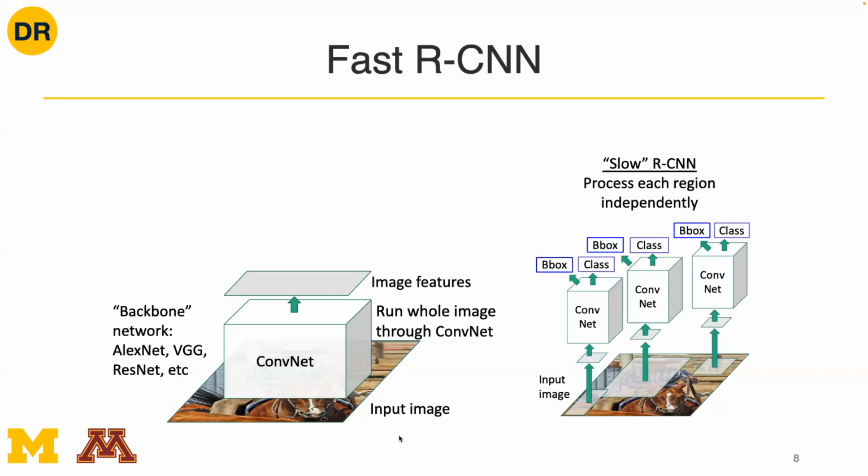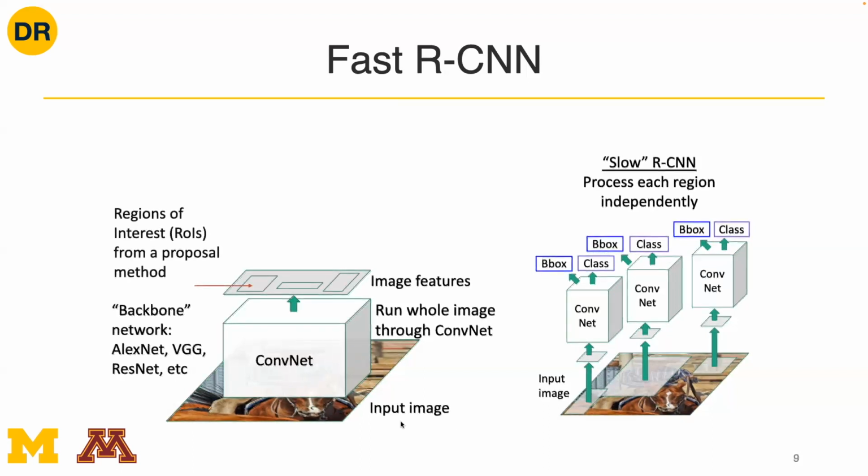So that's exactly what Fast RCNN does. It takes your backbone and runs it on the full image a single time, as opposed to 2,000 times in parallel. So one time we run this convolutional network, we get out a feature map, and at the same time we still run our region of interest proposer, our black box algorithm, on the original input image.